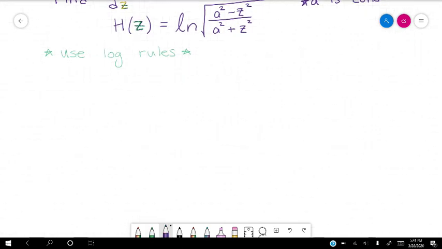First of all, what do we do with square roots or any nth root? It's helpful to rewrite it as an exponent. All right, and then when our argument has an exponent, what can we do with that exponent? We can bring the exponent to the front. So that's one of the logarithm rules.